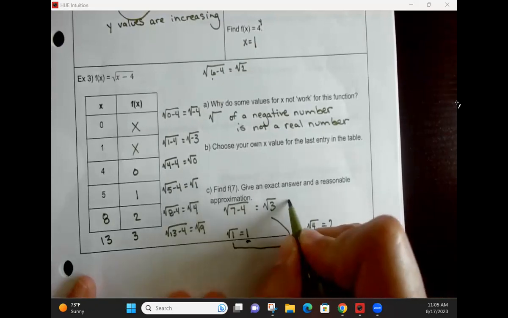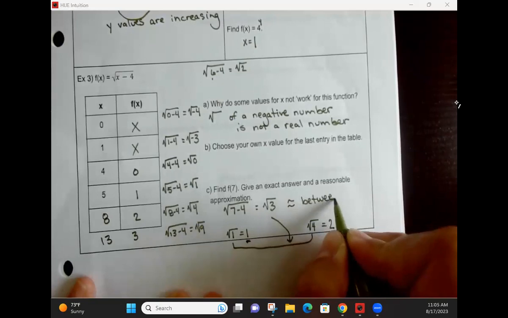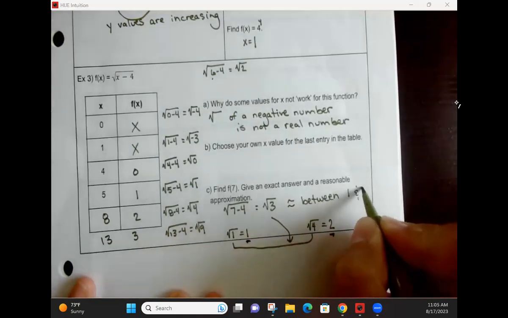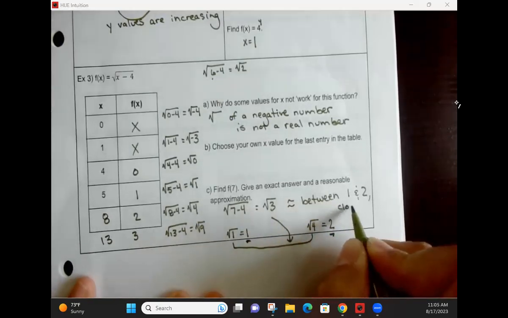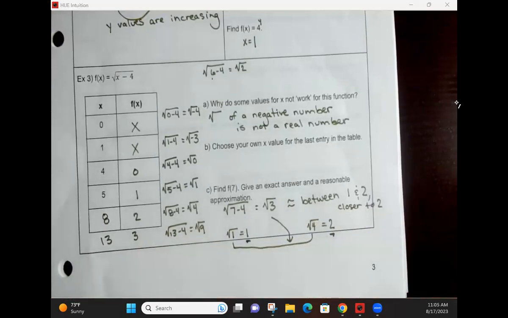So it's approximately between 1 and 2, but closer to 2. So 1.75 would be a better approximation than 1.4. I want something closer to 2.